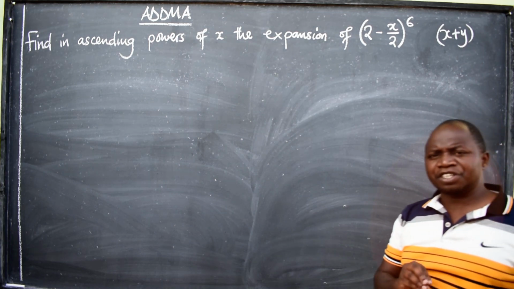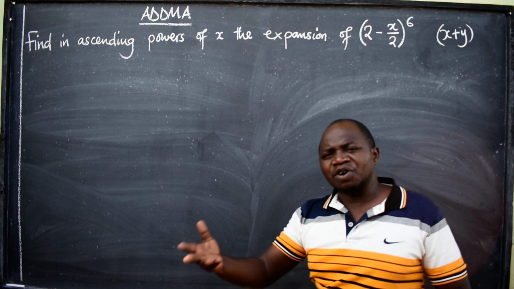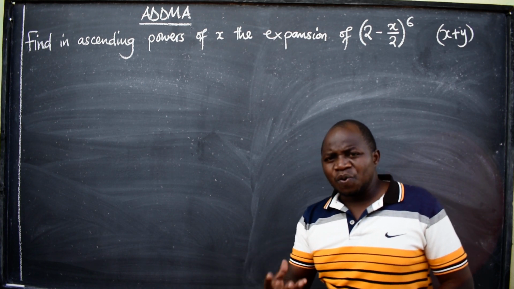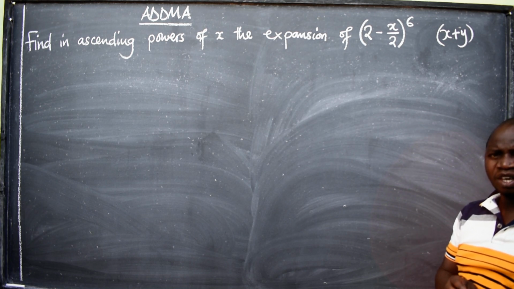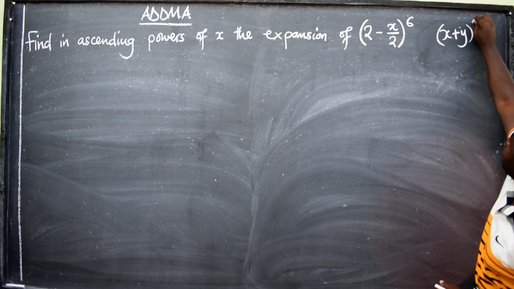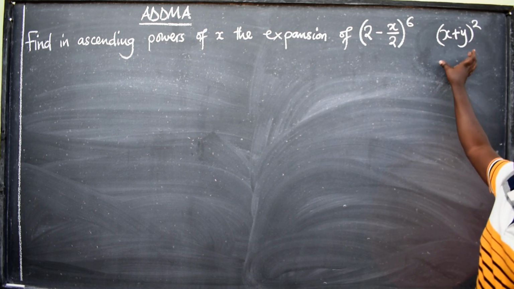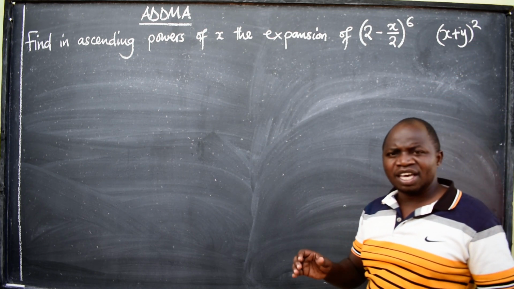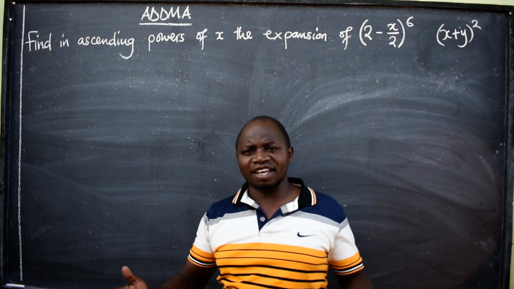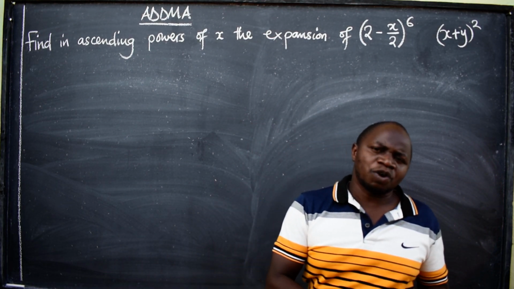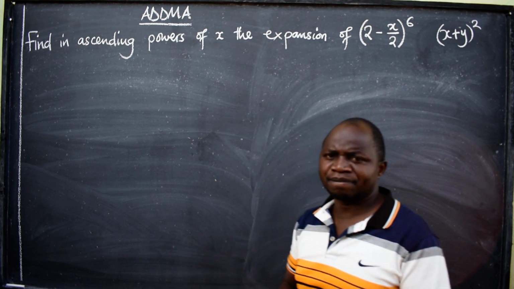And this expression with two terms is what is called binomial. When I square this expression, the result that I'm going to get will now be called expansion. Hence, the topic called binomial expansion.